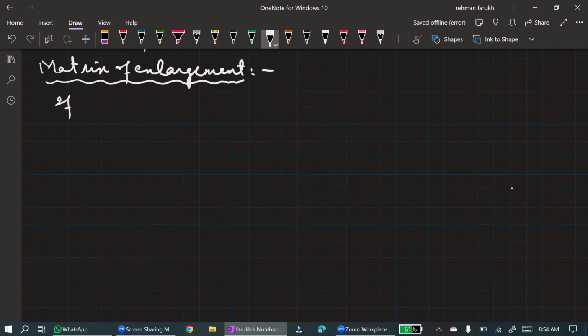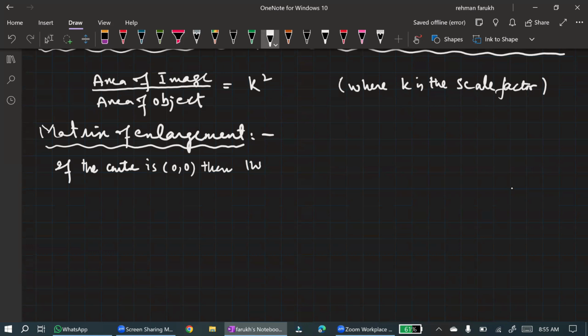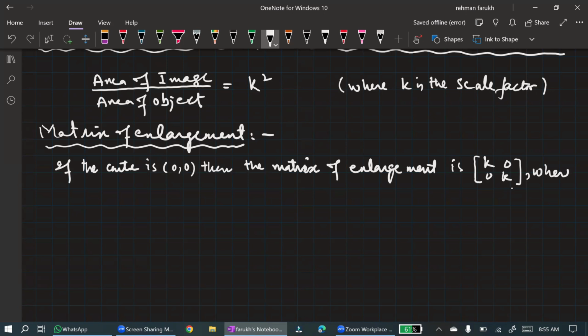If the center is origin 0, 0, then the matrix of enlargement is k 0, 0 k, where k is the scale factor.